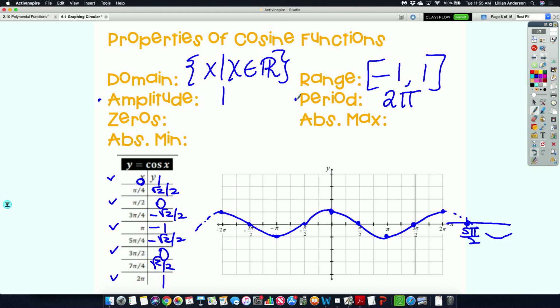This one. I'm a little nervous. The zeros. Cosine function.